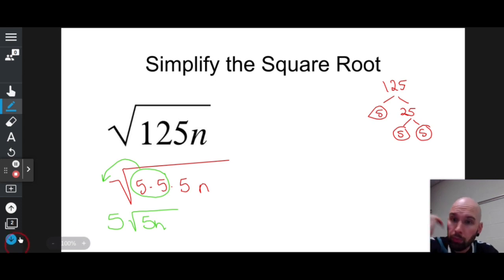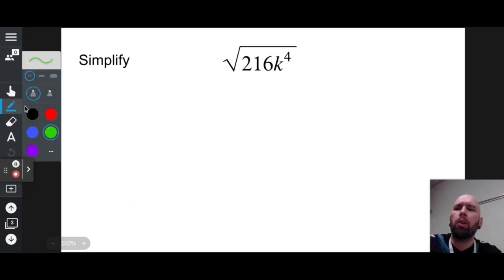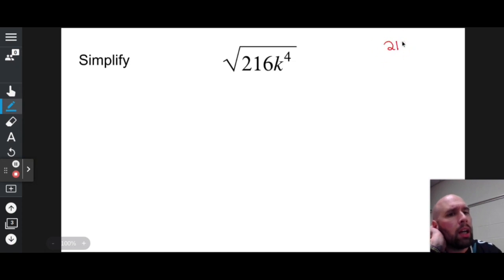So let's take a look at this guy. Same exact rules apply. 216, I'm actually not sure what that is off the top of my head. So let's do a factor tree for you. You look like you're divisible by 2. So circle a 2. Let me see, 108. Divide 108.